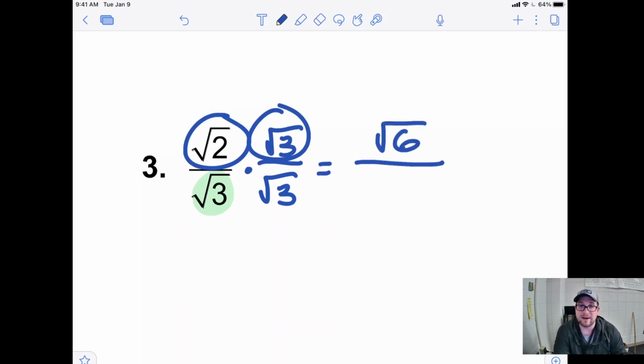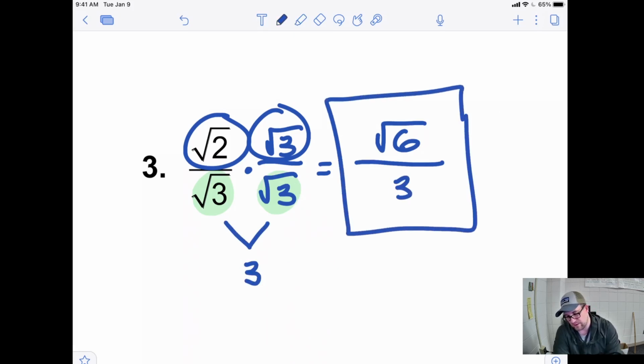In the bottom, the square root of 3 times the square root of 3, since these are the same thing, the square roots essentially cancel off, and we are just left with 3. So we have a 3 on the bottom, which makes this our final answer because the square root of 6 doesn't get any simpler.